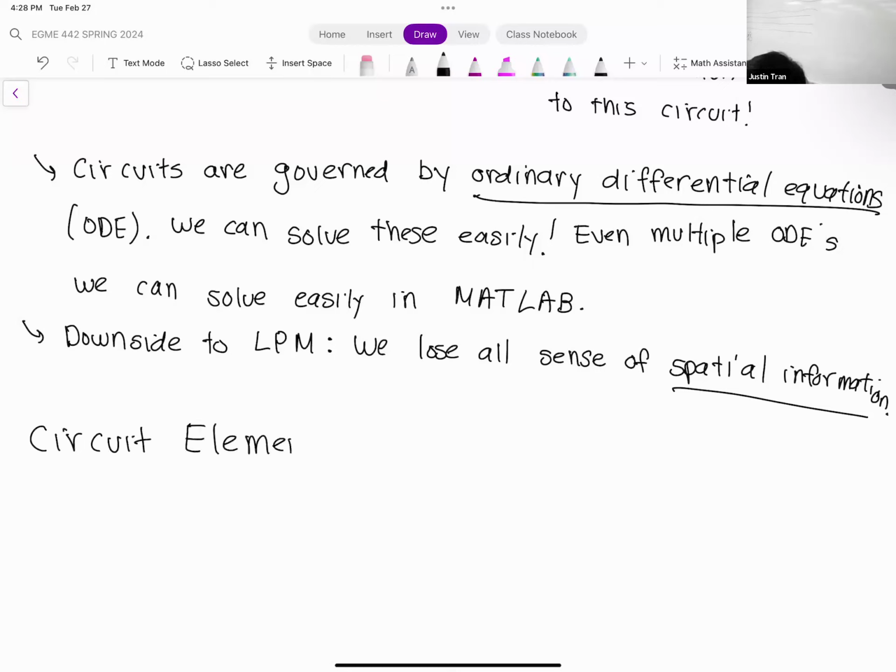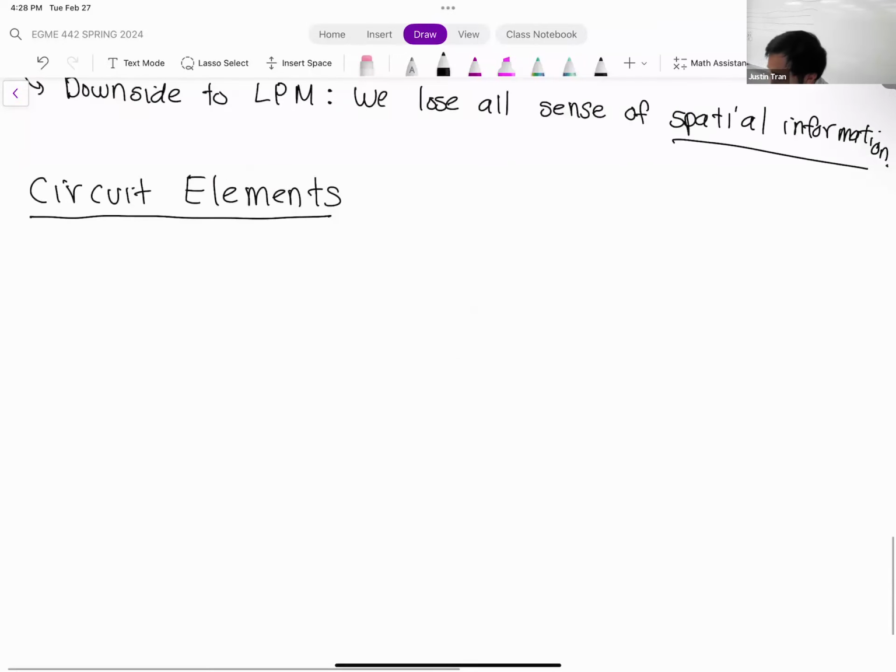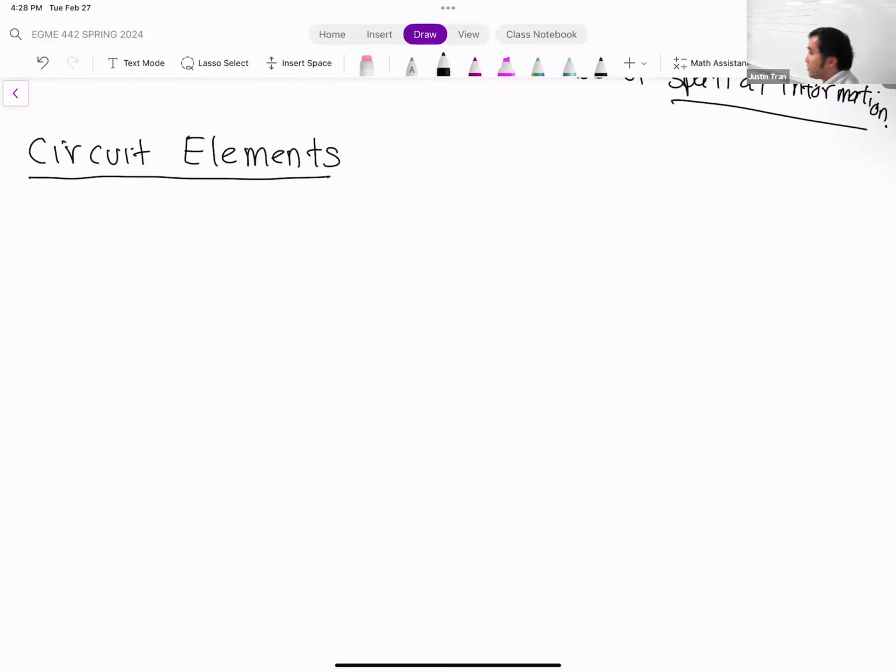So let's talk about the different circuit elements that comprise our lumped parameter modeling. We're going to discuss mathematically how to represent them, but also physically what they represent, because that's probably the more important part. In reality, lumped parameter modeling goes pretty deep, and there's a lot of interesting research into it.